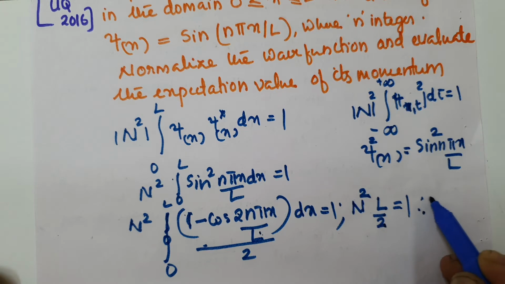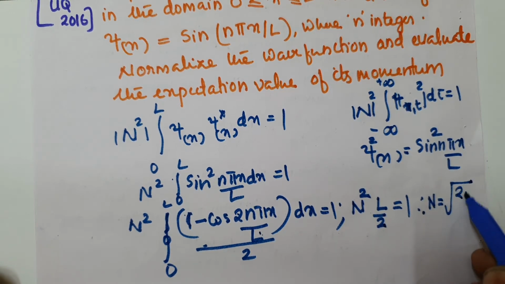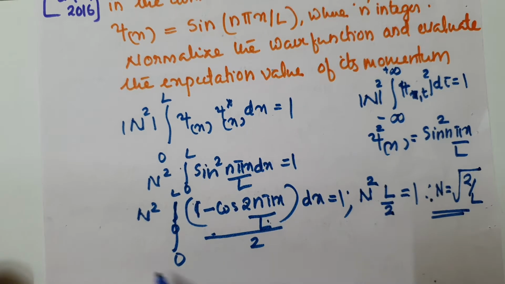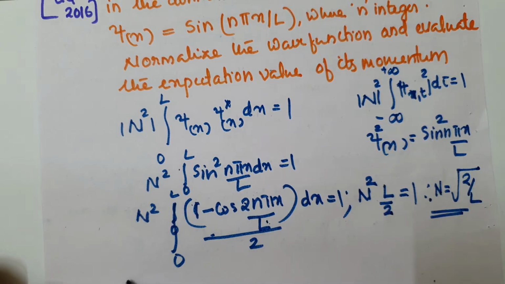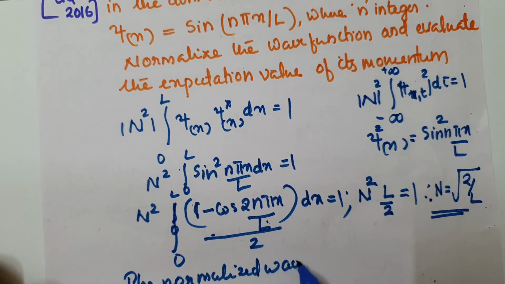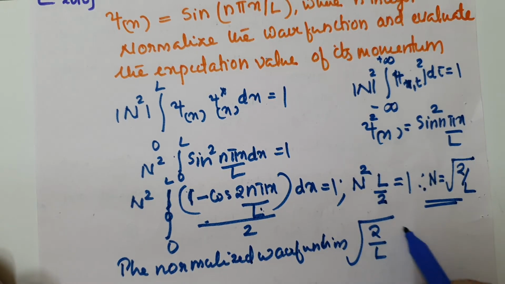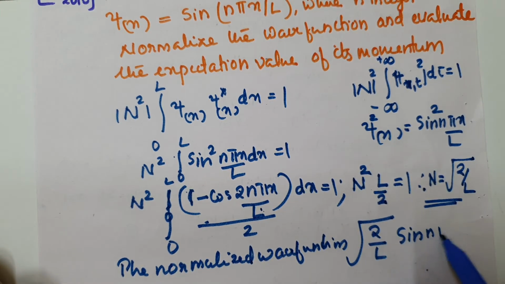Therefore, the normalization constant N can be written as root of 2 by L. Then the normalized wave function is root of 2 by L into sin(n pi x by L).